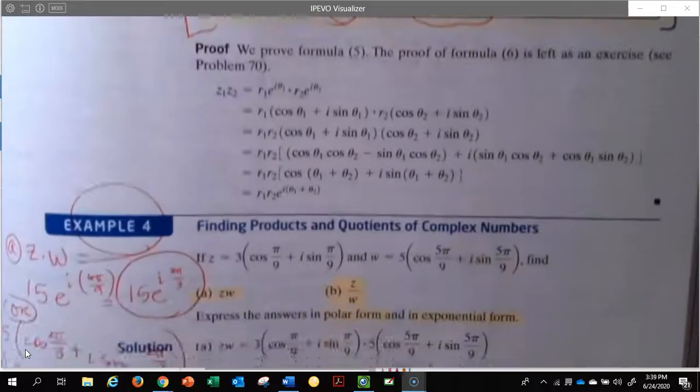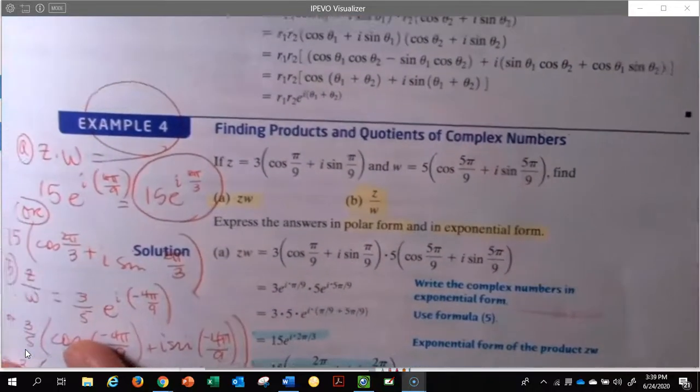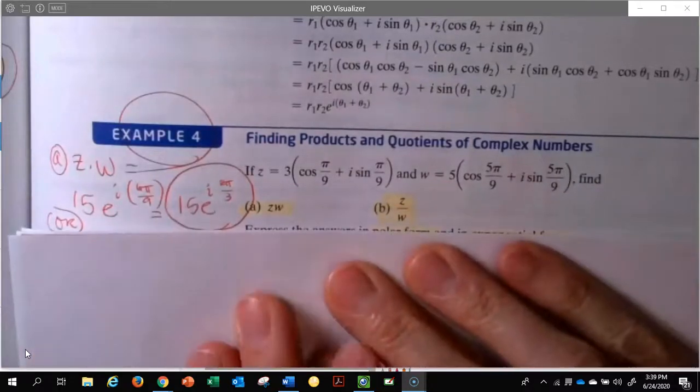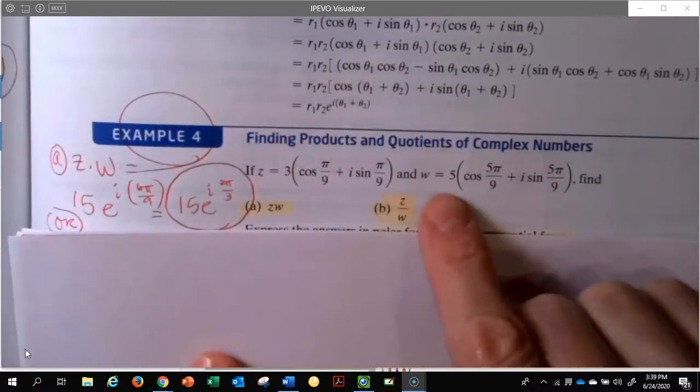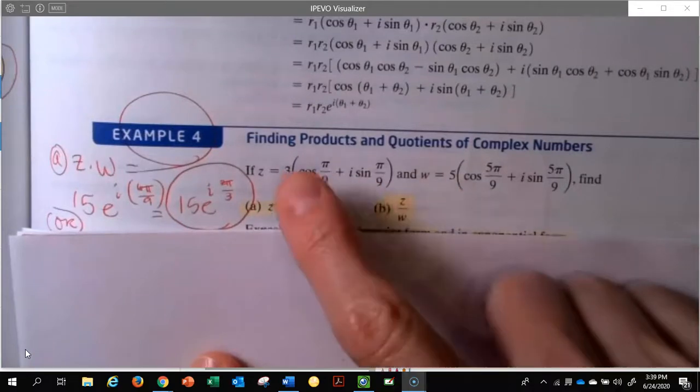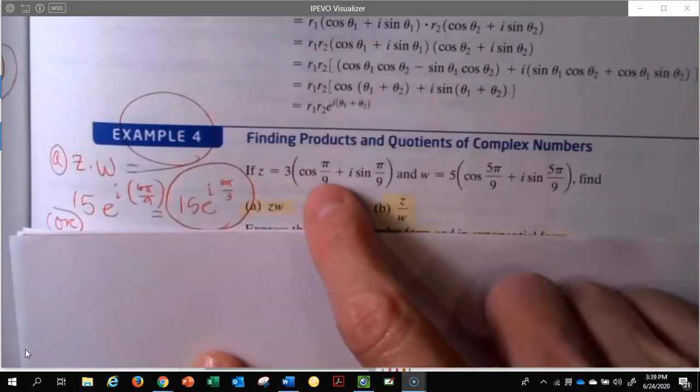So I'm going to work through the bottom of that page at example 4. You already see I've got a whole lot of numbers going on down there, but I want to point out that right here we have z and we have w, two complex numbers. You need to note that they're written in polar form. That's pretty important because there's your r, there's your theta.